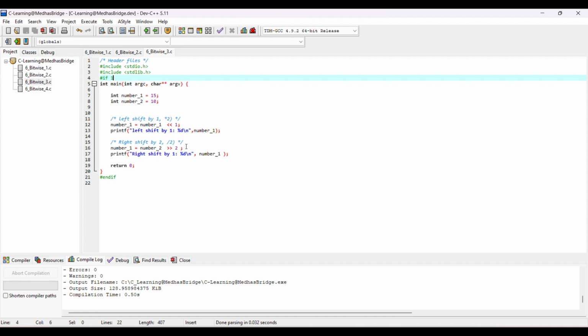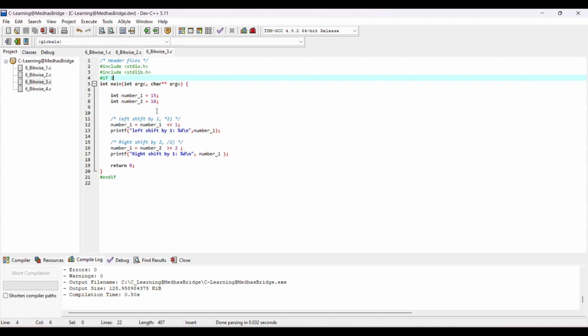How many times you shift, that many times you have to do the math with 2. If it is a left shift by 2, you multiply by 2 twice. If it is a right shift by 2, you divide by 2 twice. That is how it should work.